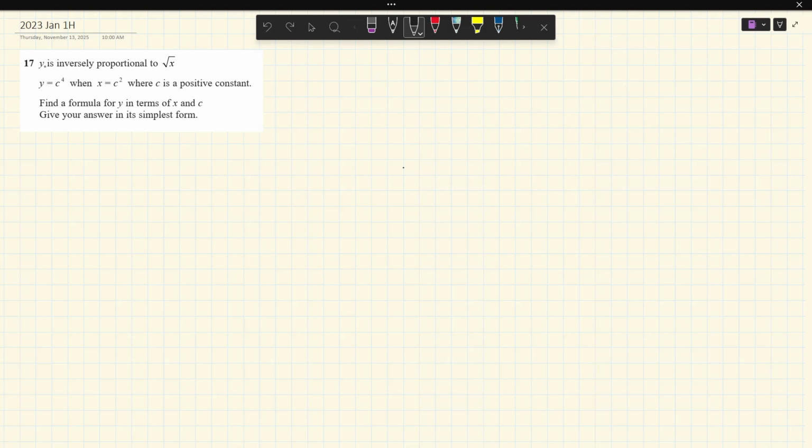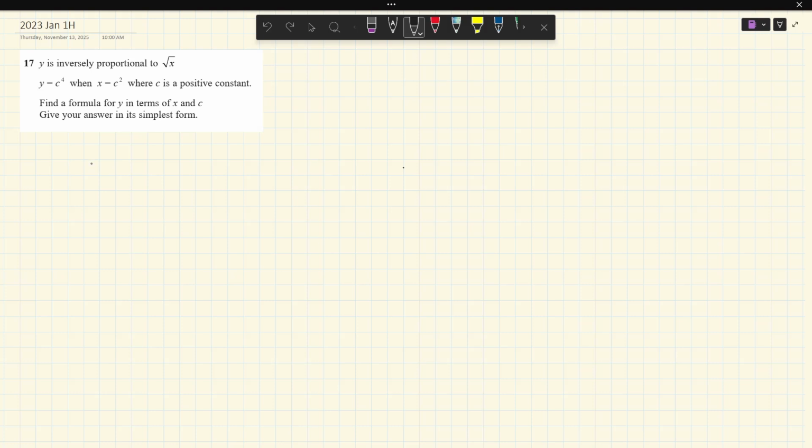Question 5. Y is inversely proportional to root x. Y equals c to the power 4 when x equals c to the power 2, where c is a positive constant. Find a formula for y in terms of x and c. Give your answer in its simplest form.